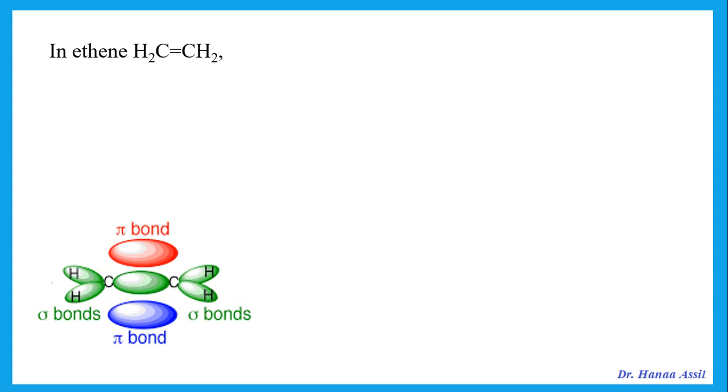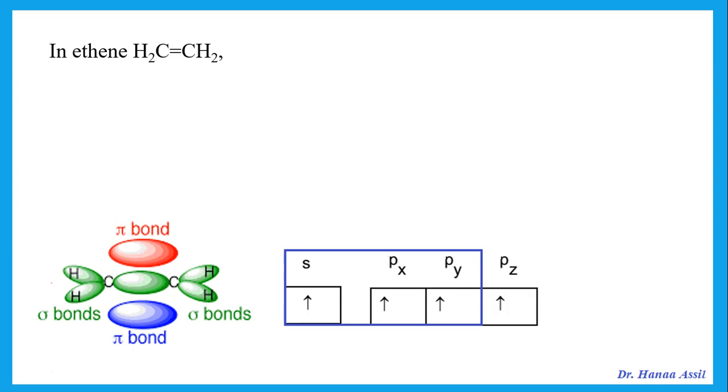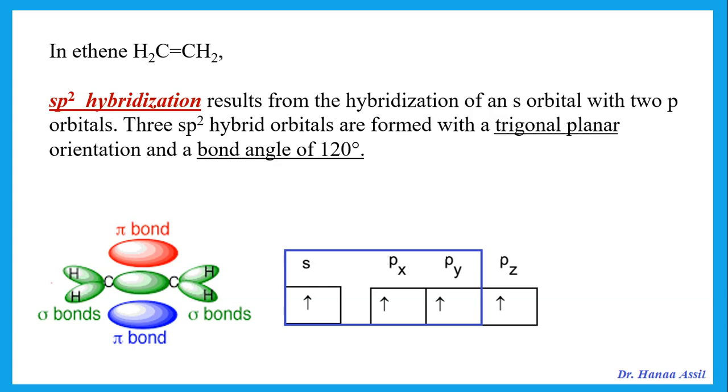So the carbon needs 3 equivalent orbitals, each having 1 electron, so that it can share with the 2 hydrogens and the neighboring carbon to form 3 sigma bonds, and that means I will need 3 unpaired electrons. So I'm going to take the electron in the s and 2 of the p's. That is called sp2 hybridization, and each of these orbitals is now equivalent, and it is called an sp2 hybrid orbital.